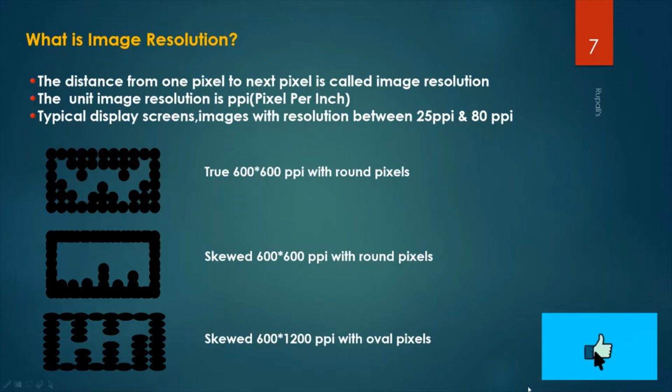See the example. This image resolution is 600 by 600 ppi with round pixel. This one is skewed, 600 by 600 ppi with round pixel, and this one is also skewed but 1200 by 1200 ppi with oval pixel.